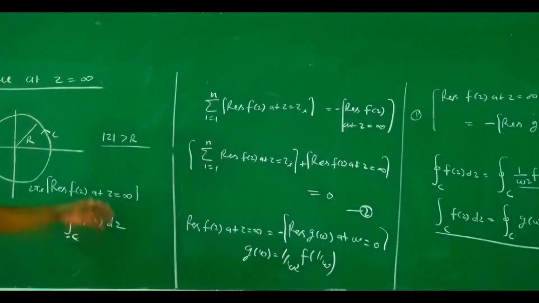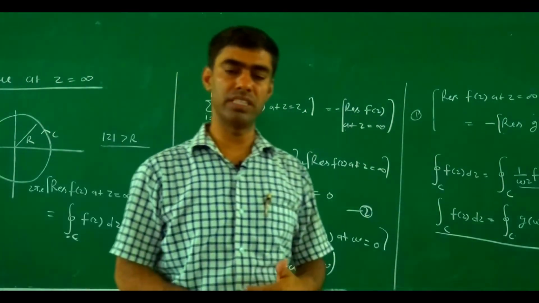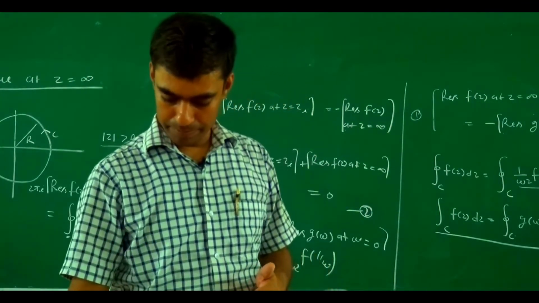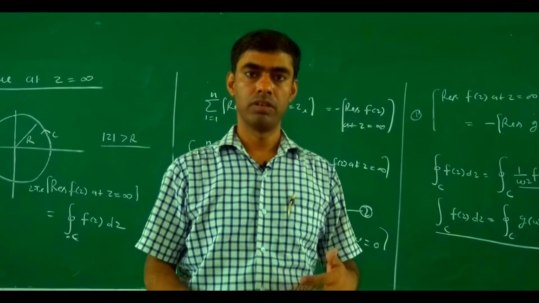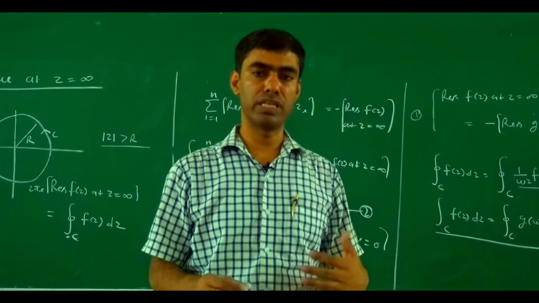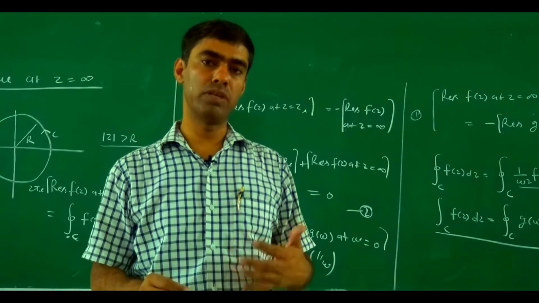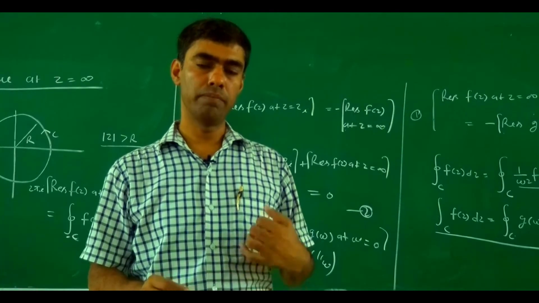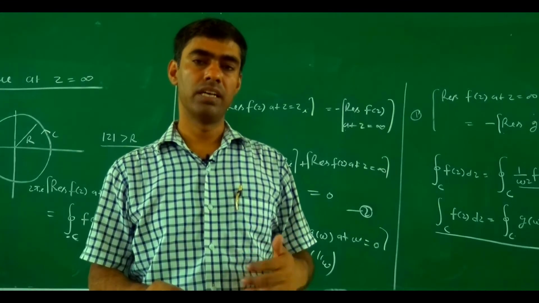So these are the two results in the context of the residue at z equal infinity. We find the residue at z equal infinity by writing 1 upon w square into f of 1 upon w, this other function g(w), then finding the residue of g(w) at w equal 0. Minus the residue of g(w) at w equal 0 is nothing else but the residue of f(z) at z equal infinity.